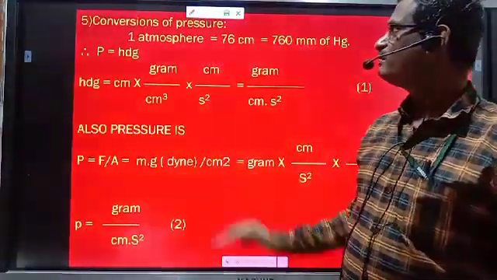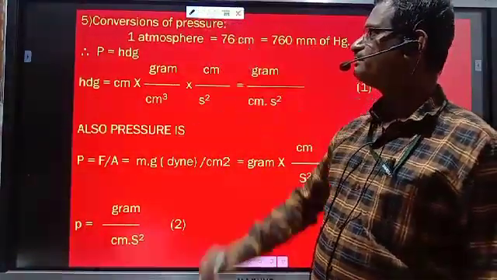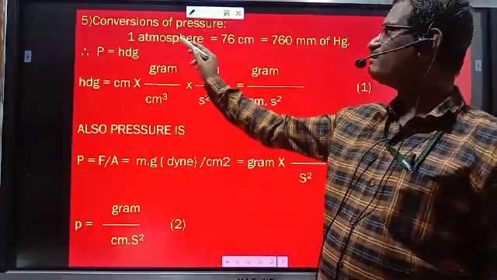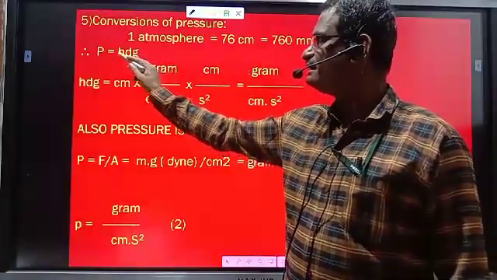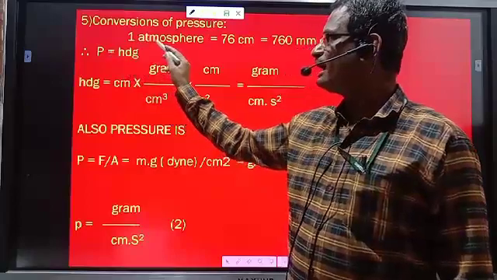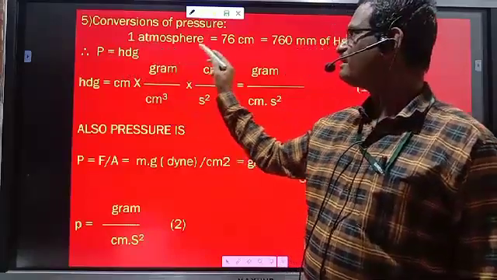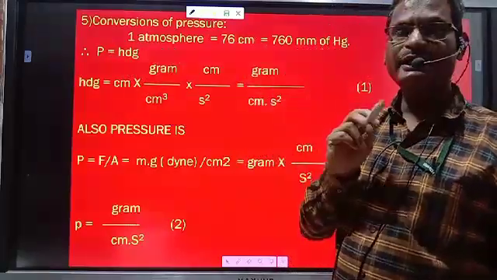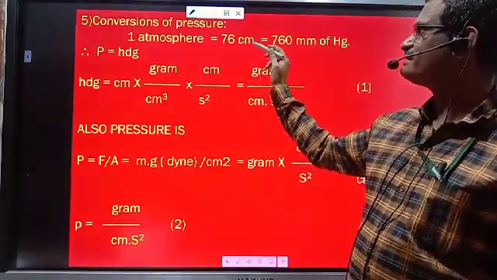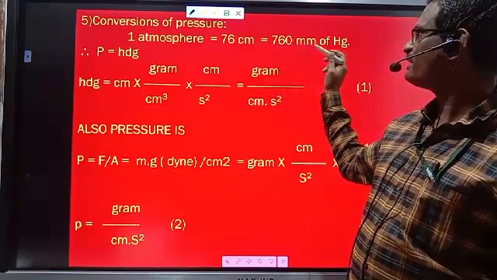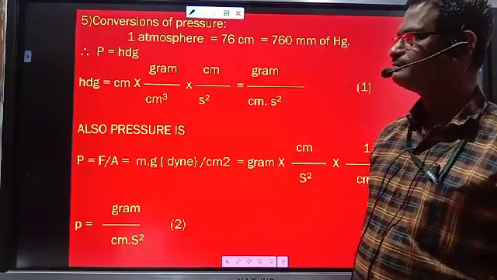Now how are those conversions done? Conversion of pressure from one term to the other. For 1 atmosphere, pressure is equal to HdG. At 1 atmosphere, the height of mercury in the mercury manometer is 76 centimeter, that is 760 millimeter of mercury.